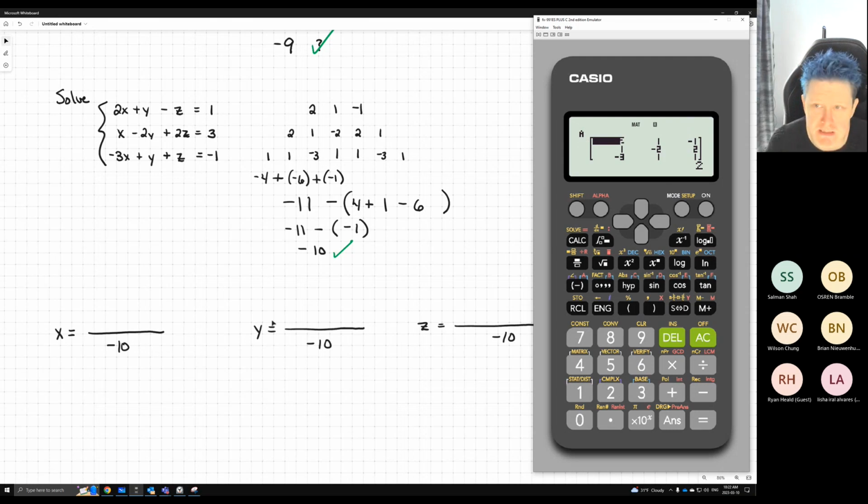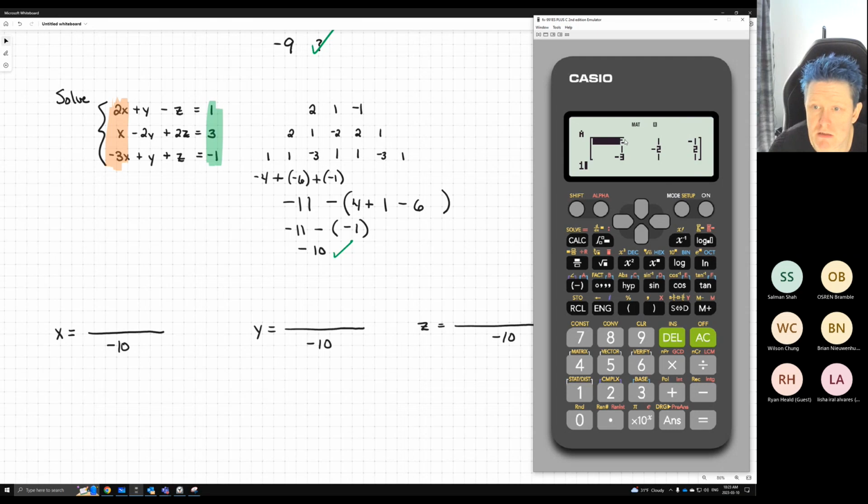Here it is. And remember, all I have to do to find the numerator is replace the x column. So that's the 2, the 1, and the -3. So that corresponds to the 2, 1, and -3 here, and I'm going to replace it with the right-hand side.